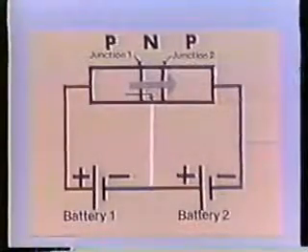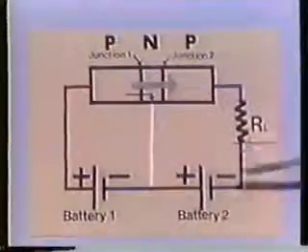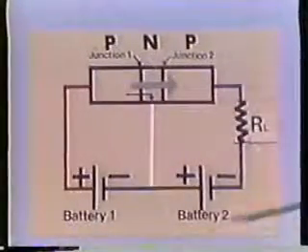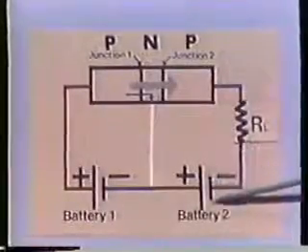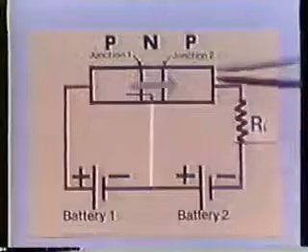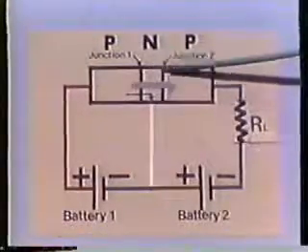Now we can insert a resistor between the P terminal and battery 2. Since this resistor is in series with Junction 2 and battery 2, the same current will flow through the resistor that flows through Junction 2.